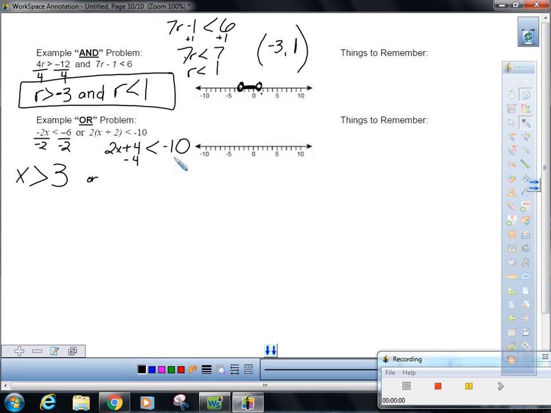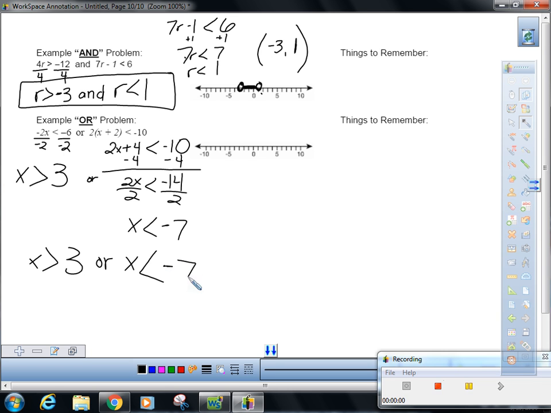Subtract 4. 2x is less than a negative 14. Divide each side by 2. X is less than a negative 7. So we have x is bigger than 3, or x is less than negative 7.